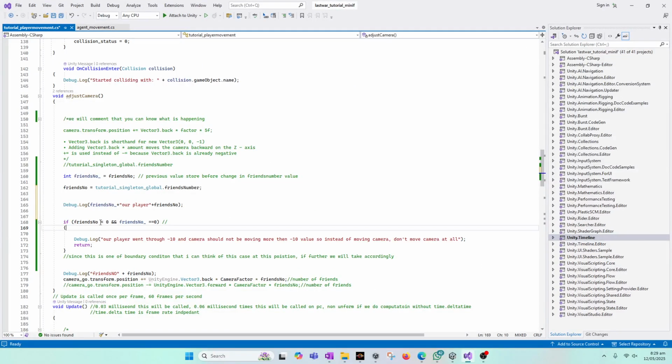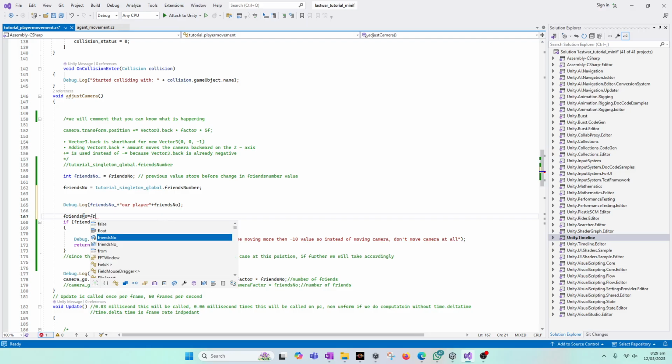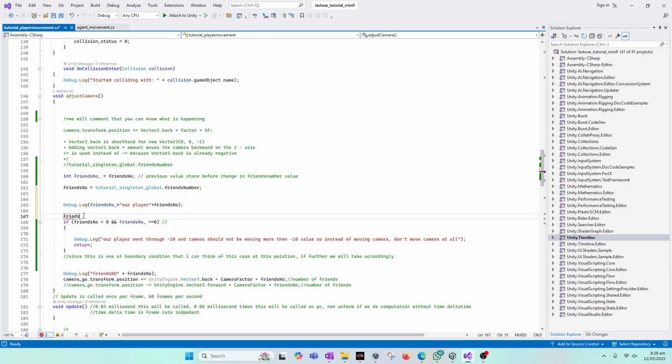So to solve this further, instead of friends number here, what we will do is we will simply put friends number is equal to, okay, let's do it like this.